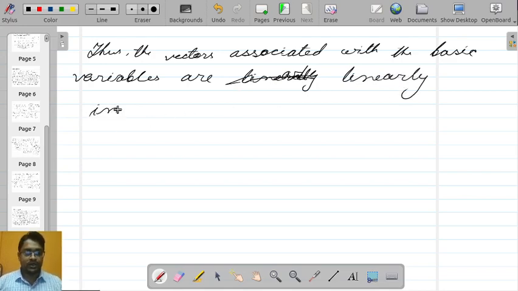Because in the earlier class we had seen, if the determinant of a square matrix is non-zero, then the column vectors as well as the row vectors are linearly independent. So the vectors associated with the basic variables are linearly independent.